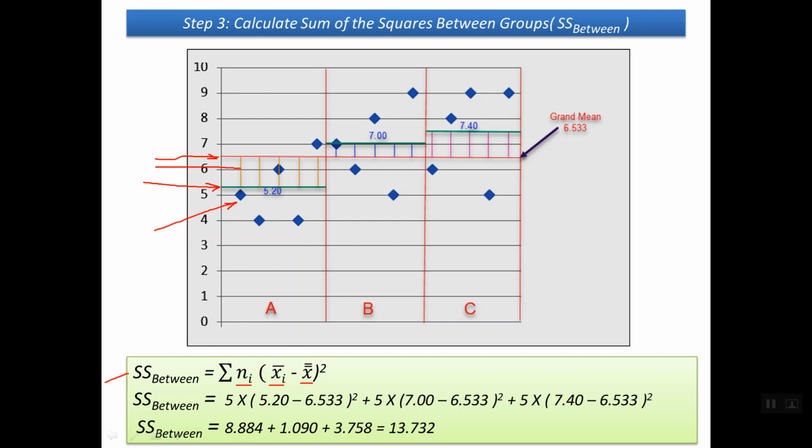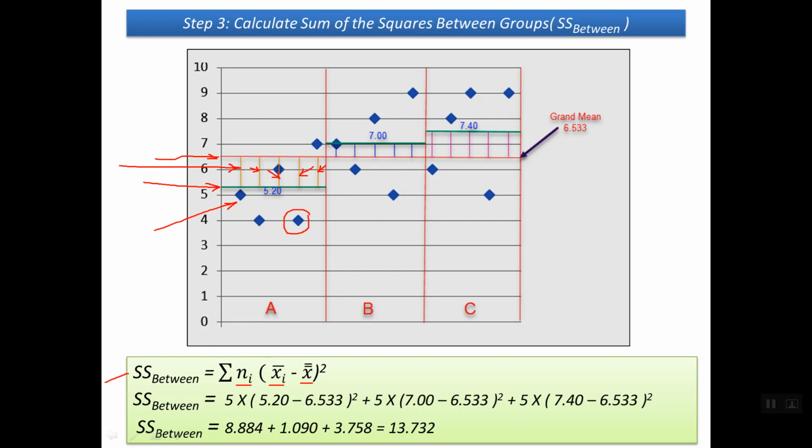So it is simply this distance. For the second point, it is the same. For the third observation in group A, this is the distance. For this observation here, this is the distance. And for the last one, this is the distance. So all of these 5 distances are the same.